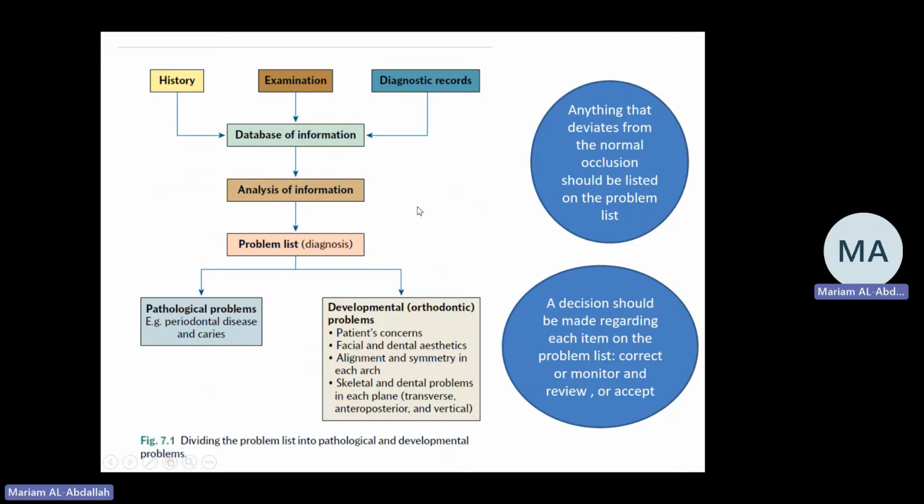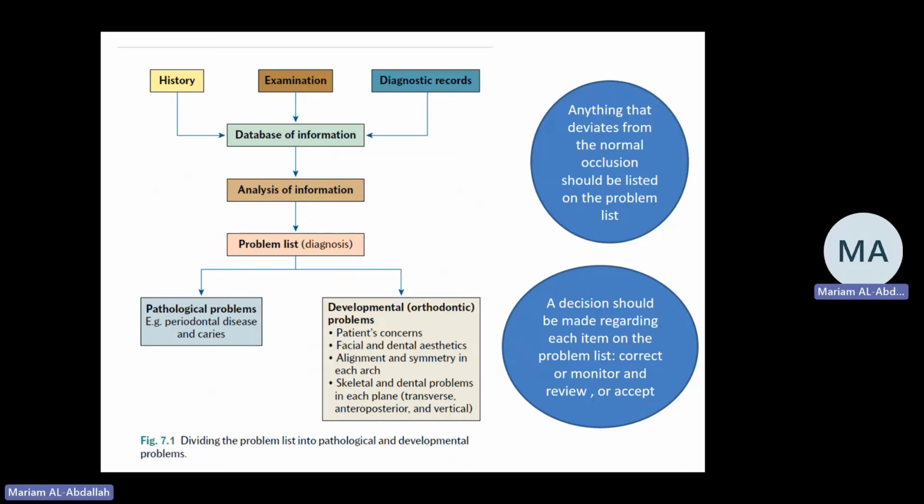Anything on my examination sheet that deviates from the normal is considered a problem. Okay, I have two types of problems: the non-orthodontic problems, which is the pathologic problems, and the orthodontic problems, which is the developmental problems.